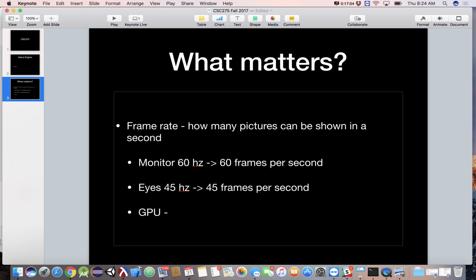Otherwise, the magic trick that our CPUs do is fake us out, right? They're so fast that even though only one thing is actually happening at once on a single core CPU, we can sort of do 2 things at once from our perception.